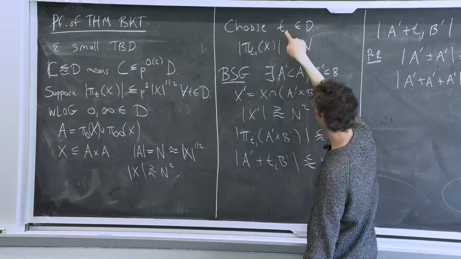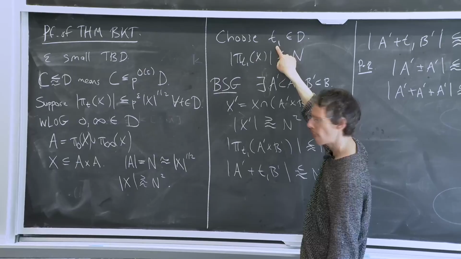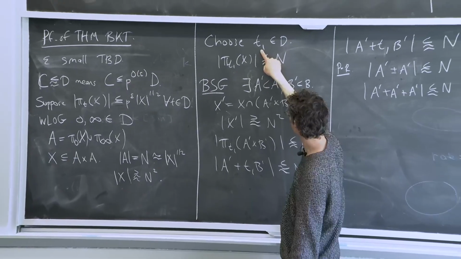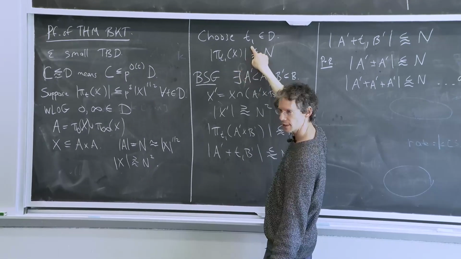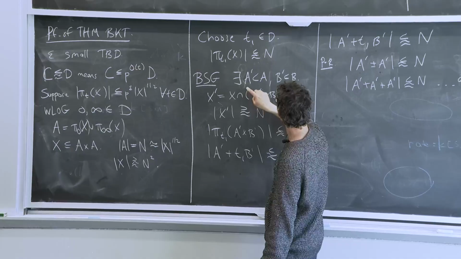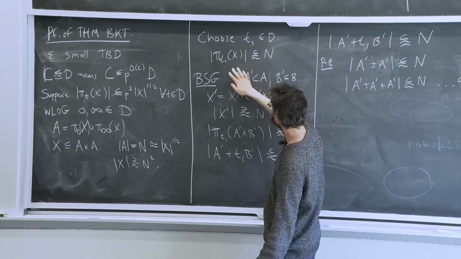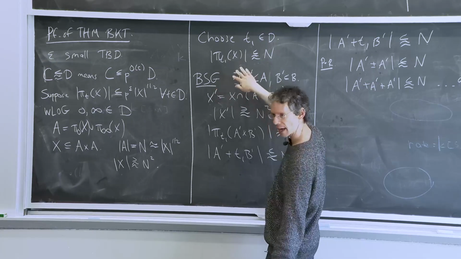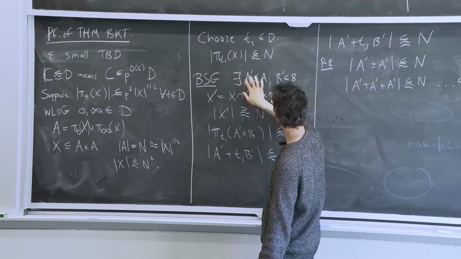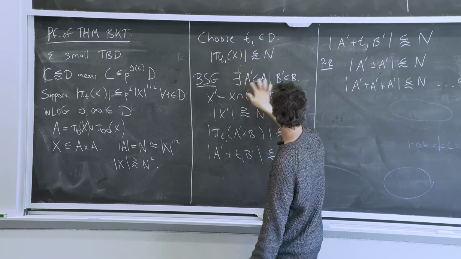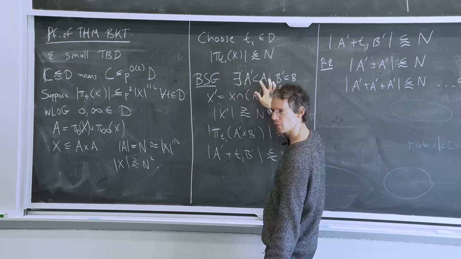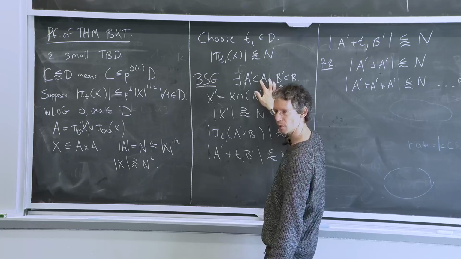And this A' depends on t1. Now, later, we're going to look at π_t(X) for other t's. One could, I guess, apply Balog-Szemerédi-Gowers again to those other t's, but that's not what we're going to do. We use t1 to find A' and B', and then we're going to run with these same A' and B' even when we look at other t's.